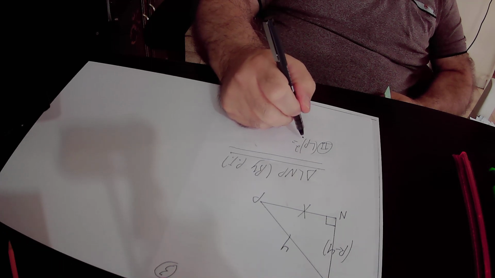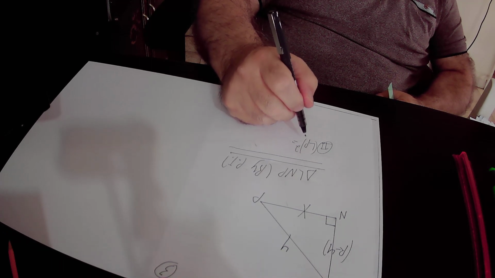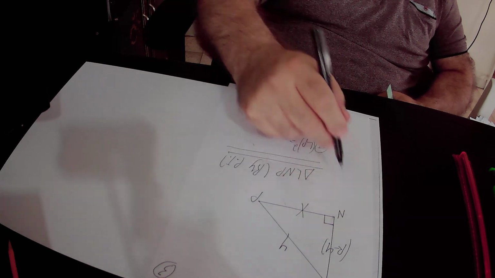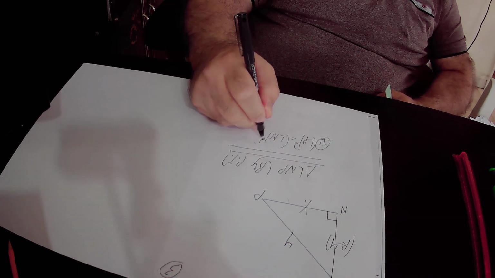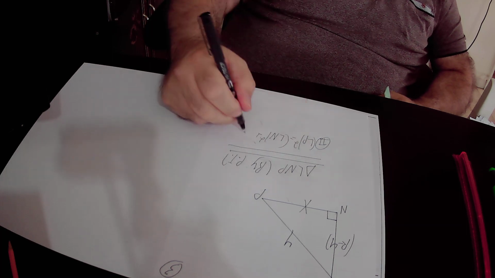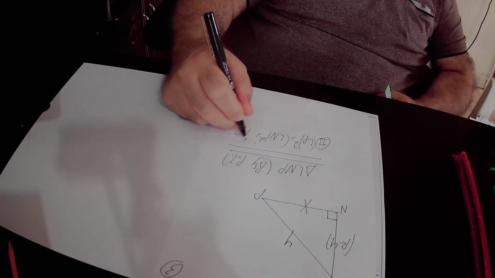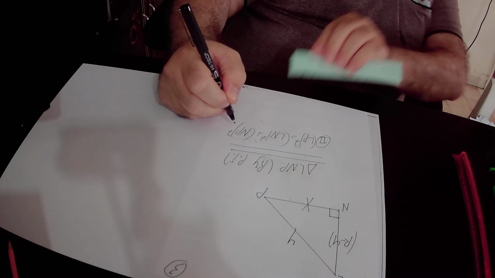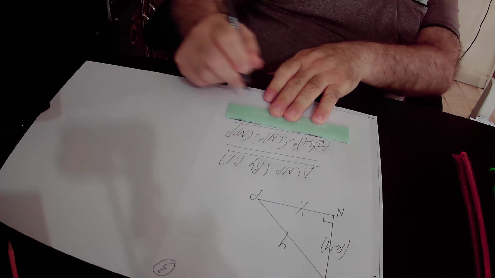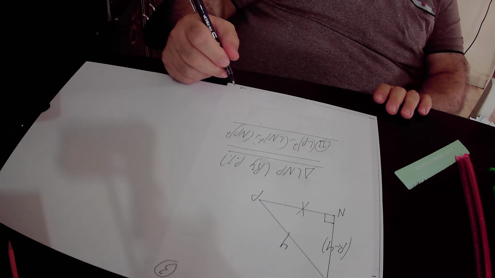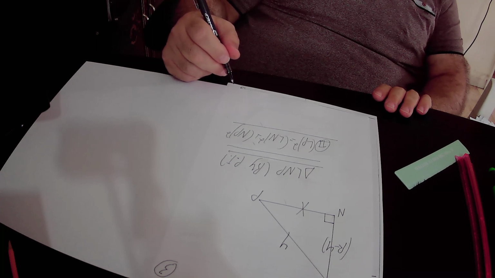And it must be equal to the sum of the squares of the perpendiculars, that is LN square plus NP square. Repeat again, according to the Pythagoras theorem in the right triangle LNP, LP square equals LN square plus NP square.